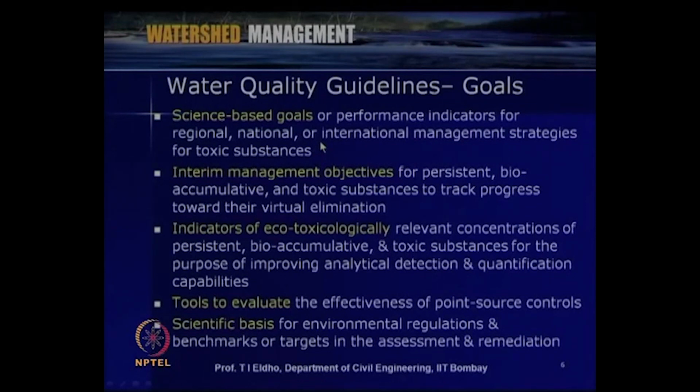If we consider a specific type of toxic substance, these standards or guidelines may vary for the particular region or nation, or international standards may vary depending upon what kind of use. For example, the American standards will be different from European standards, or different from Indian standards.